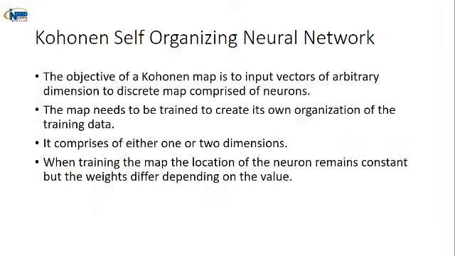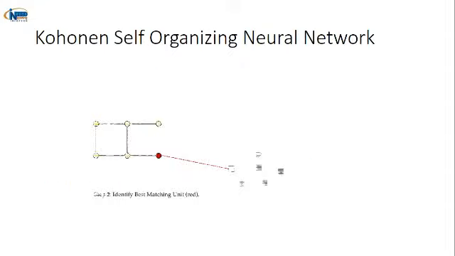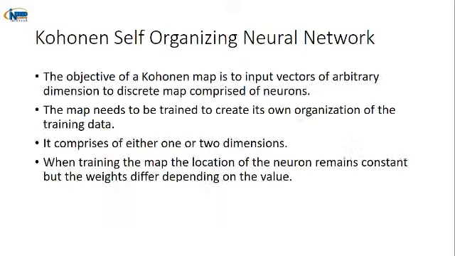Coherent self-organizing neural network. For these self-organizing neural networks, the objective is to map input vectors of arbitrary dimensions to a discrete map comprising neurons. What does this mean? Here we get the data, and from the data, if you look at the diagram, here we have to train the algorithm, or you can say the algorithm itself is a map.